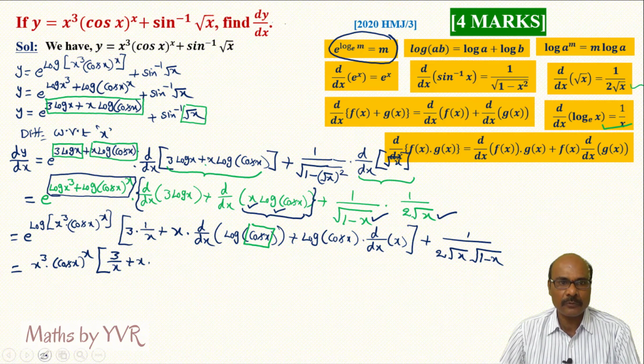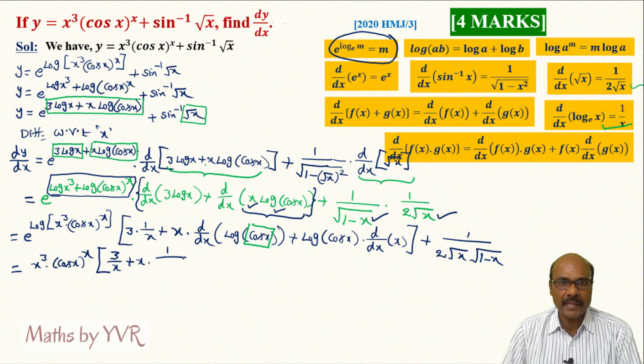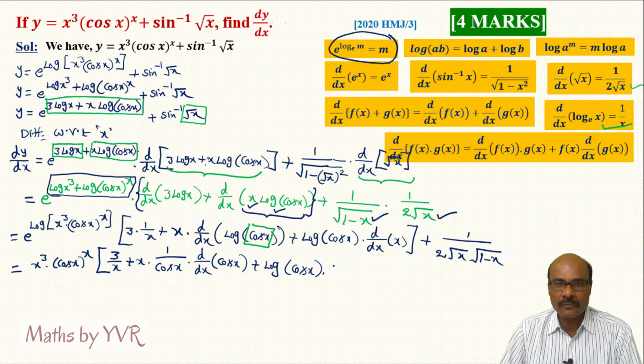Now by applying that formula, what will we get in the next step? See here, 1 by cos x into the derivative of the function we considered as x, that means d by dx of cos x, plus log of cos x as it is into the derivative of x which is 1, plus 1 by 2 into root a into root b form here. Root a into root b can be written as root of ab.